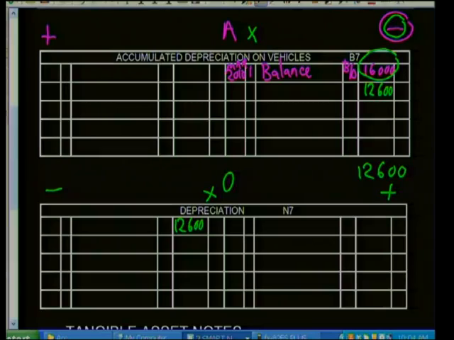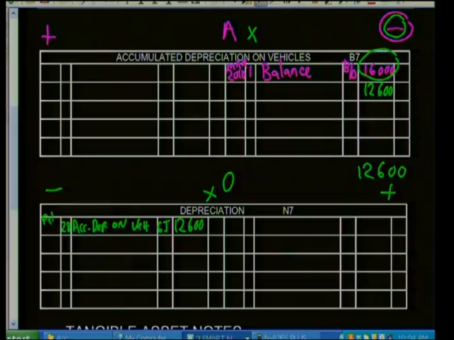Let's now fill in the other details in the ledger. So this is obviously a general journal. That's your folio reference. Your contra account would be accumulated depreciation on vehicles. And remember, this is happening at the end of the financial year.